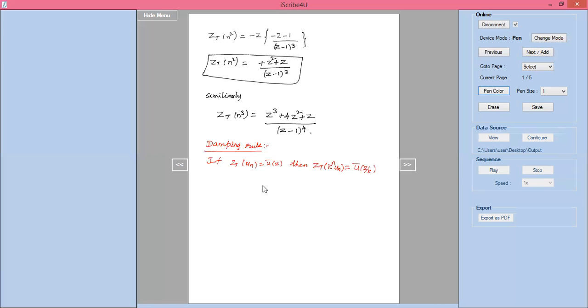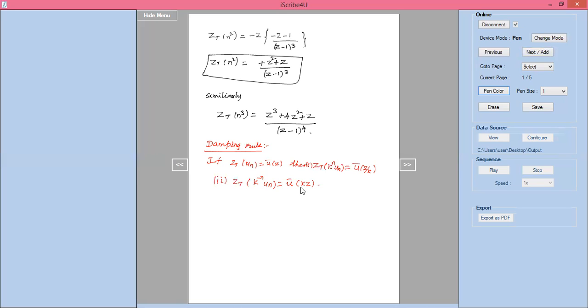And the second one, also the damping rule: the Z transform of k power minus n into u_n equals u bar of kZ.